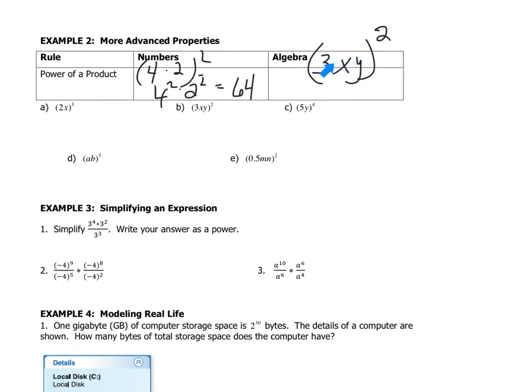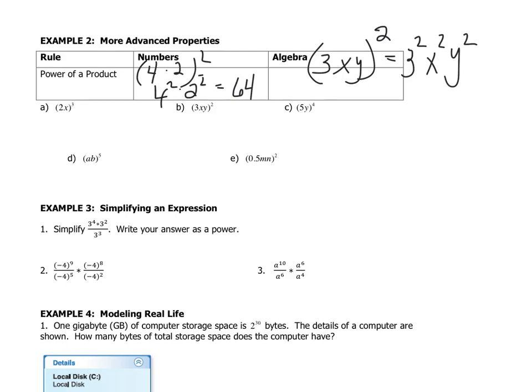We can see that these are all being multiplied together, which is the power of a product. So here's the product on the inside, the power, the 2, is on the outside. So the way this would expand would be for the next step to be 3 squared, so the 3 gets the 2, x gets the 2, and y gets the 2.